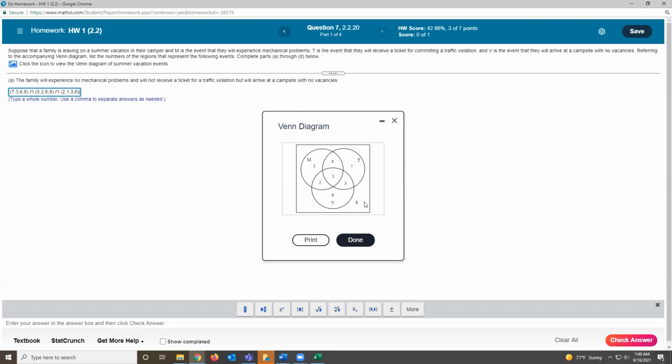So now we have 3 intersections going on. So we have to see what's common in all these 3. So 7 is not common in all the 3. 3 is not. 6 is. This one has 6, this one has 6, and this one has 6. And 8 is not. So 6 is the only one that's common among all these 3. So the answer is 6.